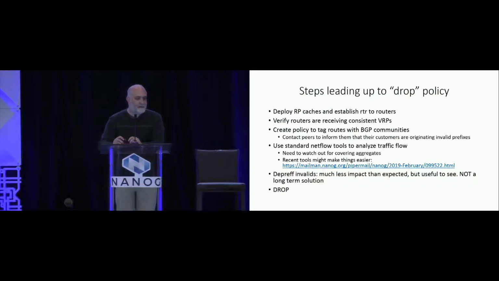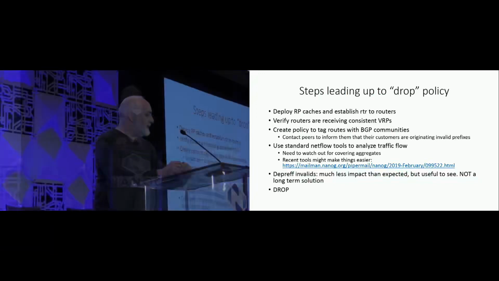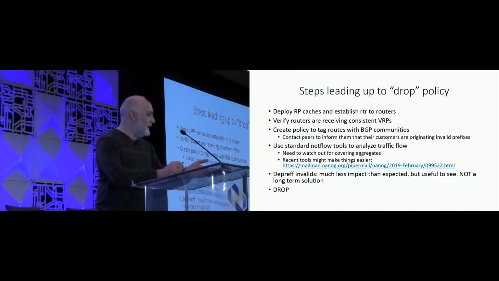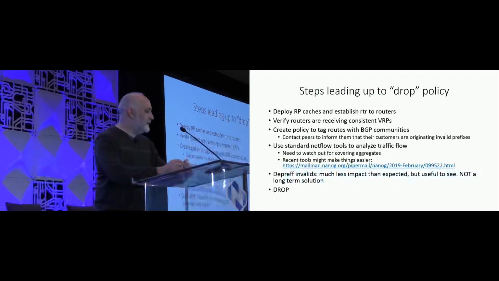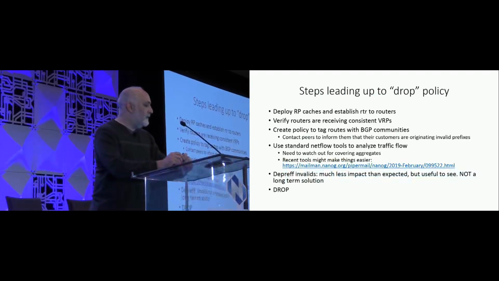The next thing we wanted to do was understand, when we take that next step of dropping the invalids, how is that going to impact our traffic? How much traffic does it impact, and what's it going to do? Am I going to have VPs yelling at me at 3 in the morning and things like that? We didn't have the fancy new tools that Job has contributed to developing with PMACCT, which I've linked to down here.